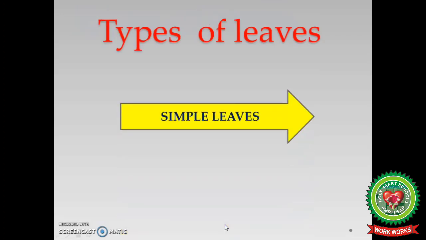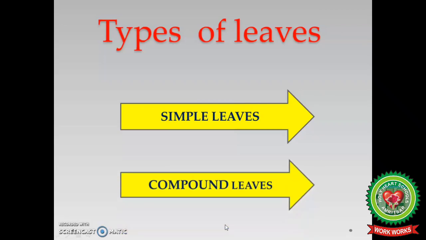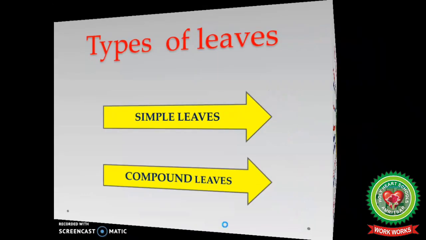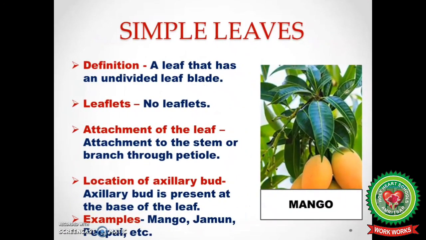Types of leaves. These are of two types, simple leaves and compound leaves. First one is simple leaves. Simple leaf, a leaf that has an undivided leaf plate. Simple leaf has no leaflets.